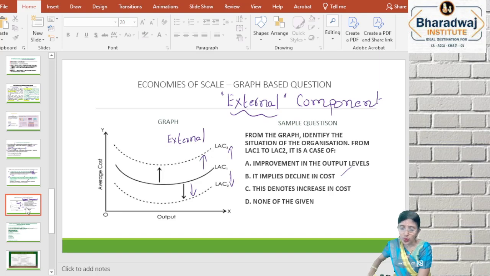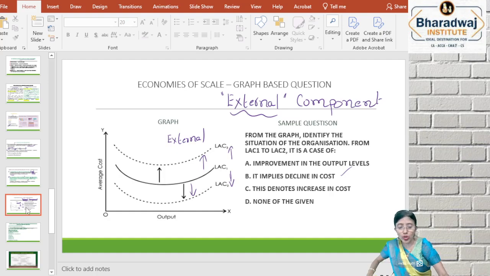Yes, ma'am. Okay. Remember, this diagram is exclusive for external economies and diseconomies. LAC1 to LAC2 is your external economies. Remember that point. And movement from LAC1 to LAC3 upward will be external diseconomies. That is how I find it in most of the books, and based on that I want to give it as such. Okay, so that much we have done.